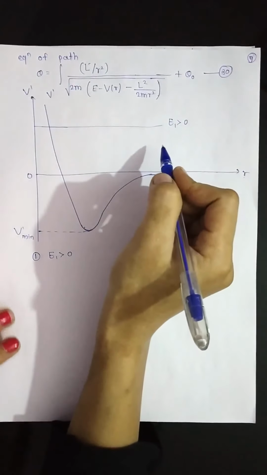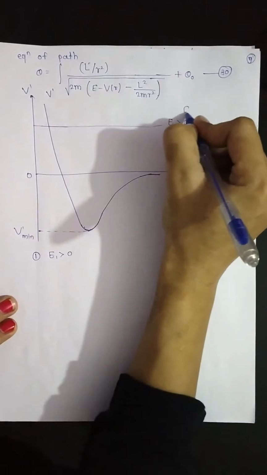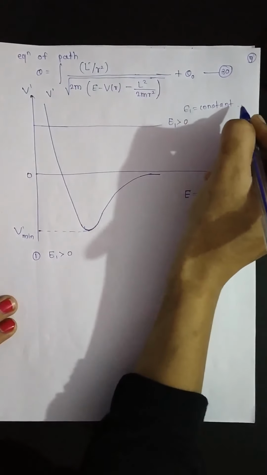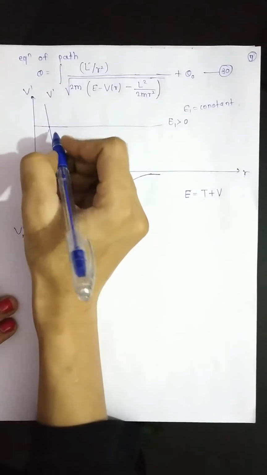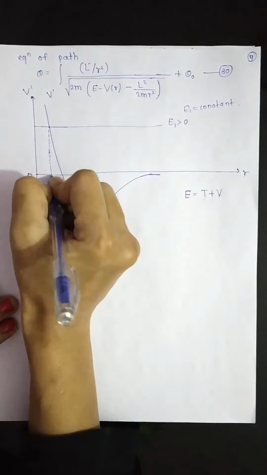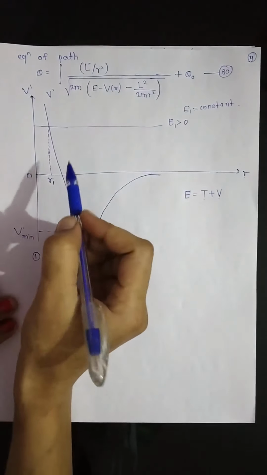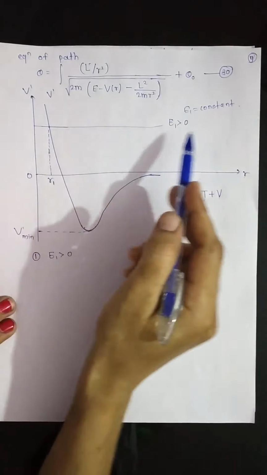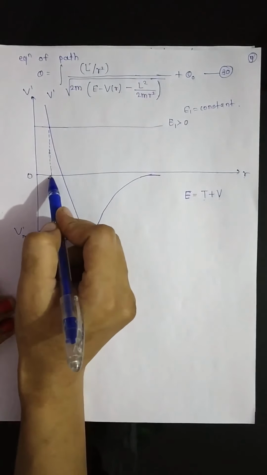Now this is E1 which is equal to a constant, and its straight line intersects the potential energy curve at r equals r1, if I put a perpendicular on r and call this point r1.